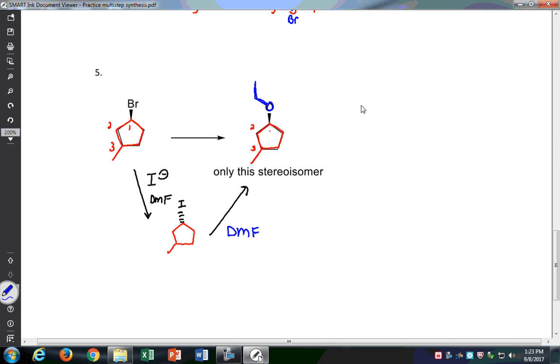What is my nucleophile for my second SN2 reaction? It's going to lead to my final product. Say it louder. Ethoxide. When you have a negative charge on an oxygen, it's ethoxide. Not ethyl, but it's close.